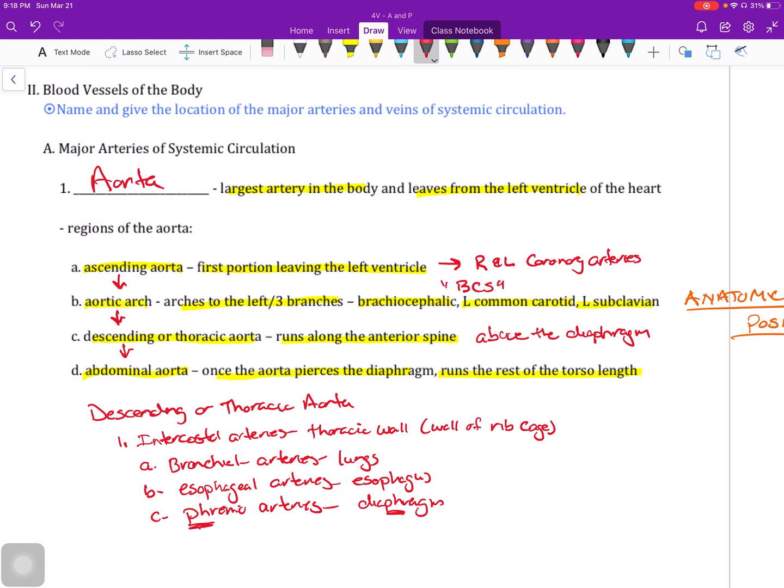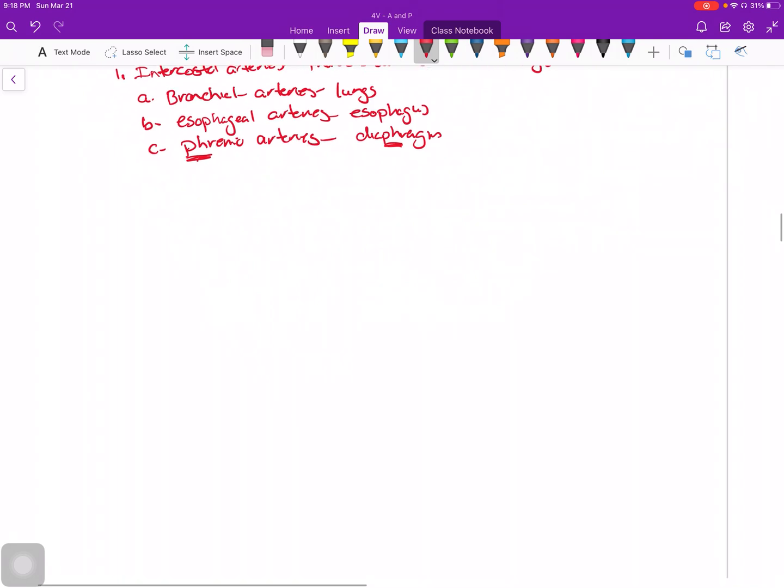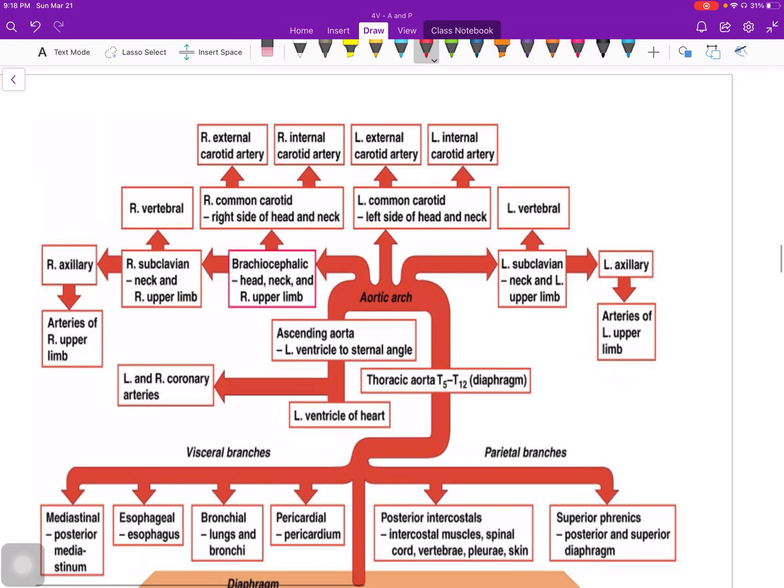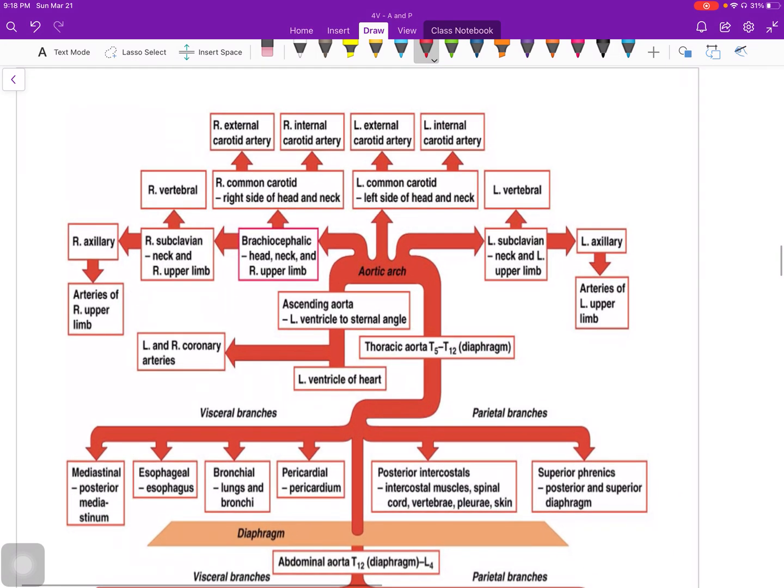All right. And so as we go on, we're going to look at this flow chart here. Left ventricle of the heart, you've got the ascending aorta, off of it, right and left coronary arteries. Then I get the brachiocephalic, left common carotid, and left subclavian.